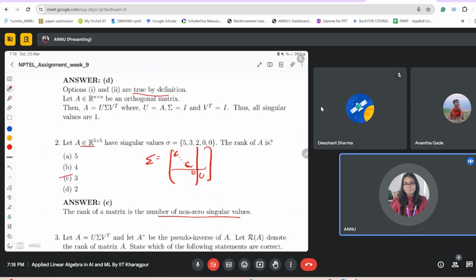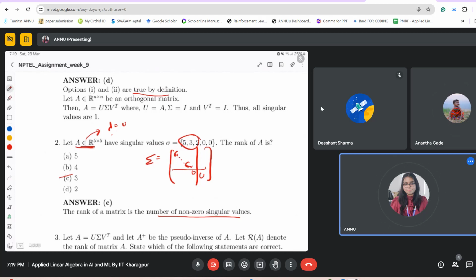Since this A is 5 by 5 and it has only rank 3, it will definitely have 0 as one of the eigenvalues. But it doesn't restrict you from writing it in terms of the singular value decomposition. Either way, you can write it in terms of singular decomposition, so this is valid for all. The only thing is that the values should be in decreasing order according to the singular value formulation.